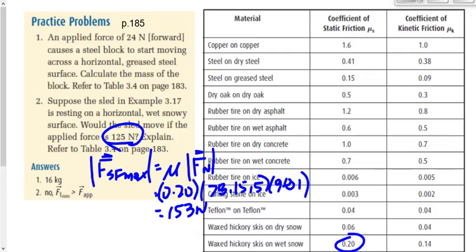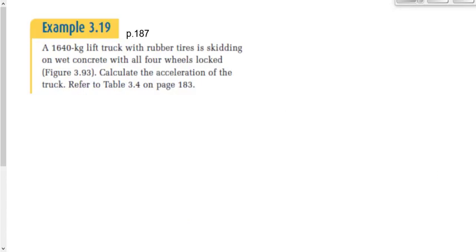Stubborn static or me? Static friction wins because I haven't pushed hard enough to exceed its maximum. I need to push with 153.1 to exceed its maximum. So does it move? Nope, because the maximum force of static friction is greater than the applied force. Okay, let's do one more example.